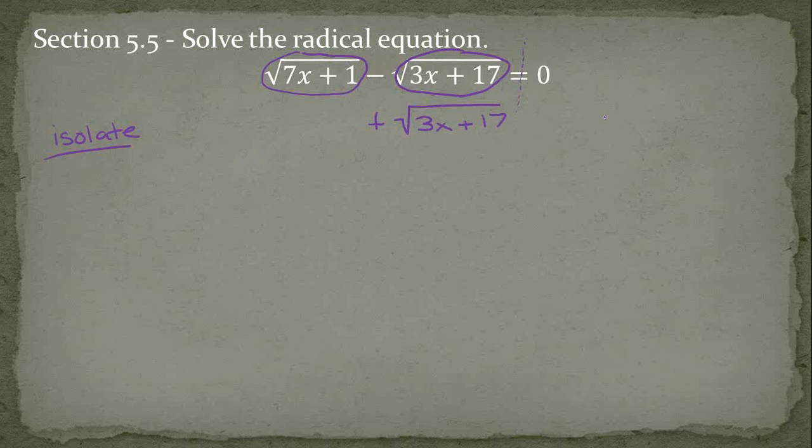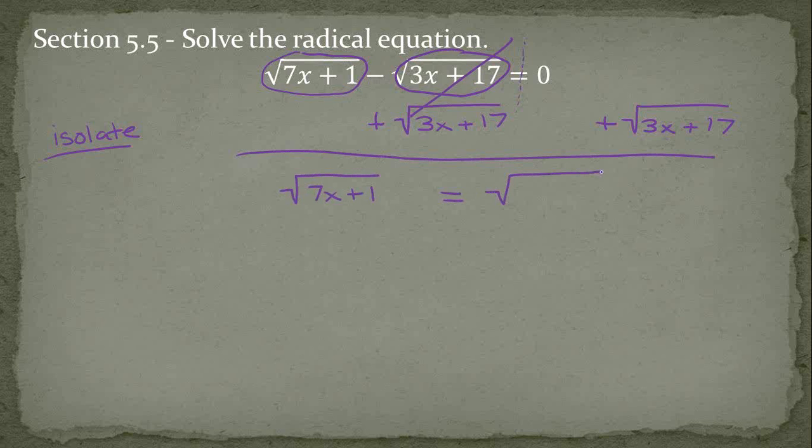I'm going to add this whole radical to both sides of the equation. Because then I'll have this radical isolated on the left. It's the only thing on the left. And now this radical is the only thing on the right.